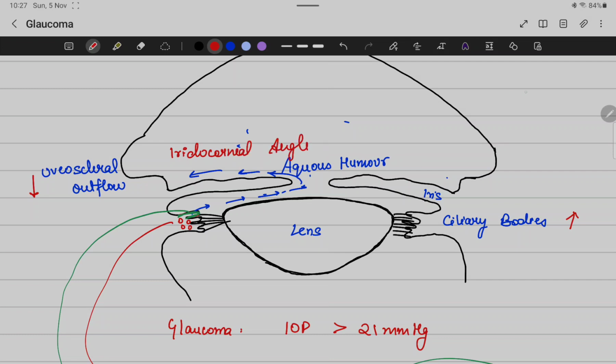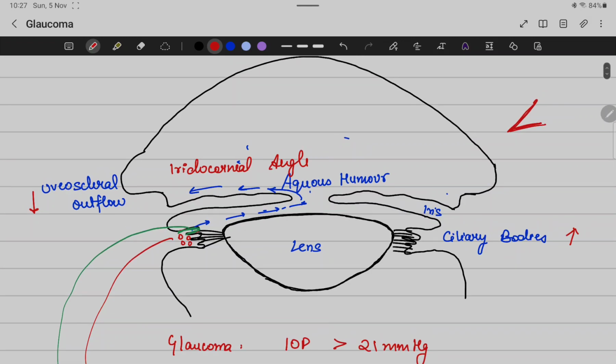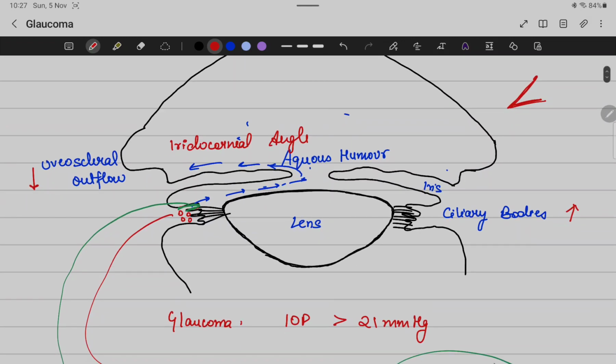Now, if this angle is open, we call it open angle glaucoma, which is due to increased formation of humor, or if there is some problem in the outflow pathway. And if this angle is narrowed down, it will hinder the outflow of humor, and we call this condition angle closure glaucoma.